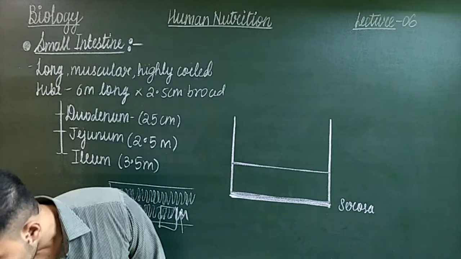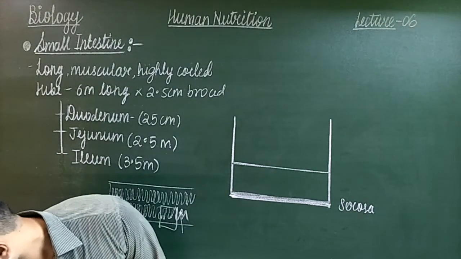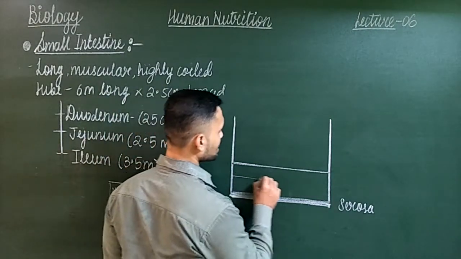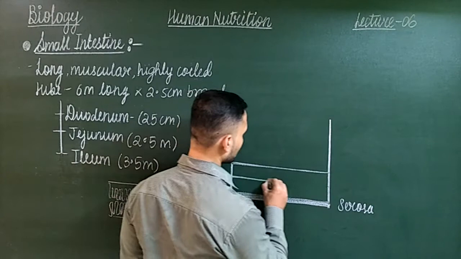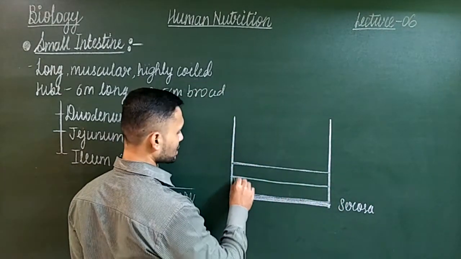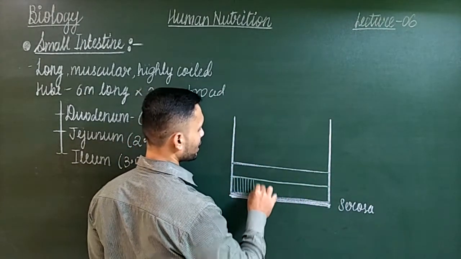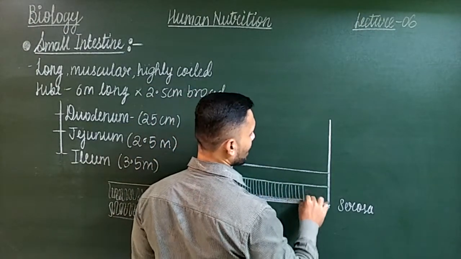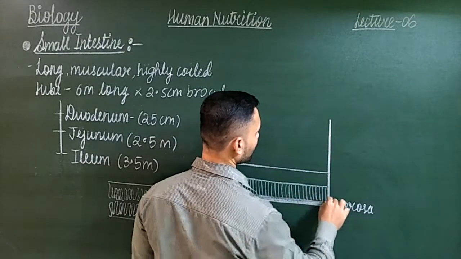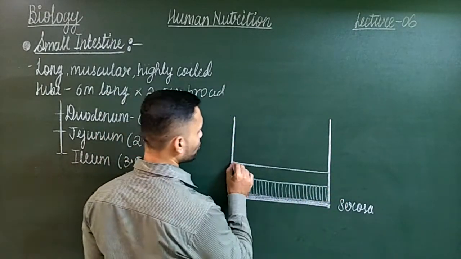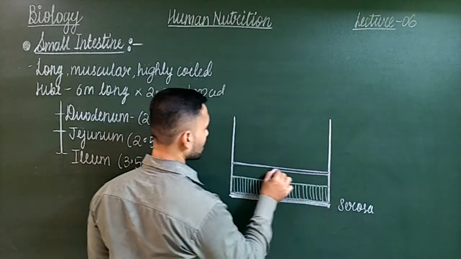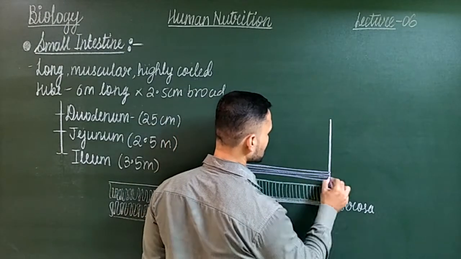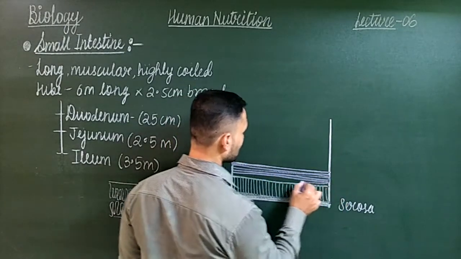These layers are fixed. But in the case of the intestines, there are only 2 layers of muscles. One obviously is the longitudinal muscle. Longitudinal means like this, straight. The second one is the circular muscle, and the circular muscle helps in contraction and relaxation.